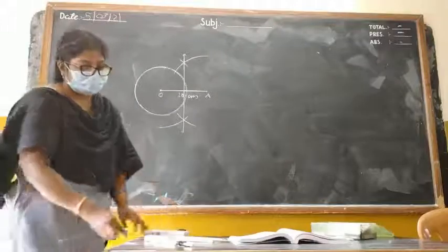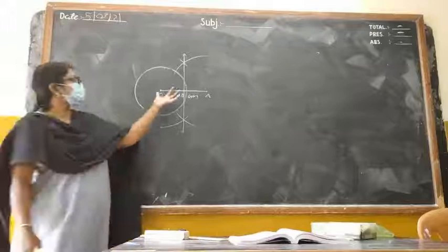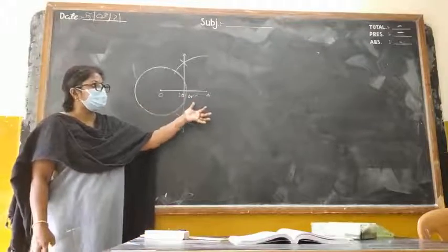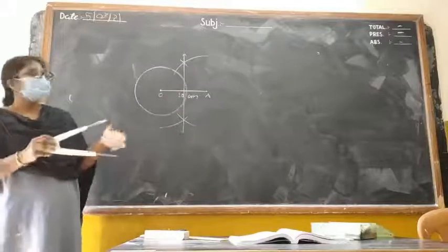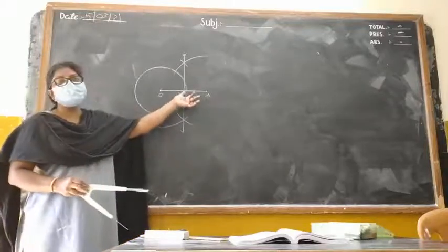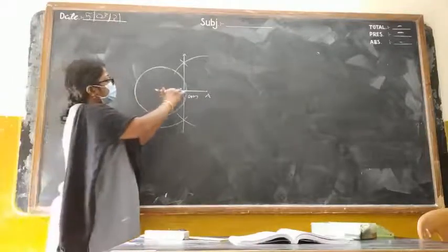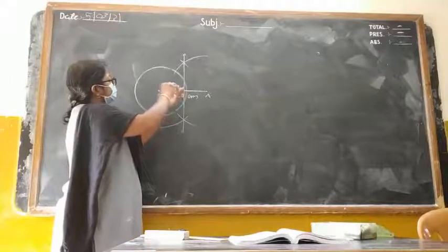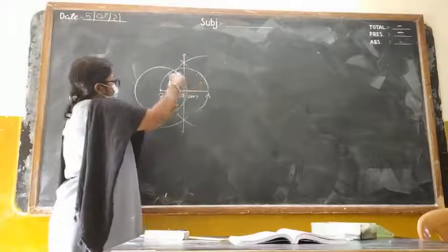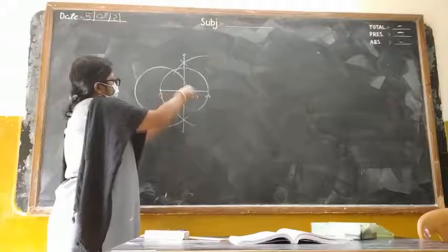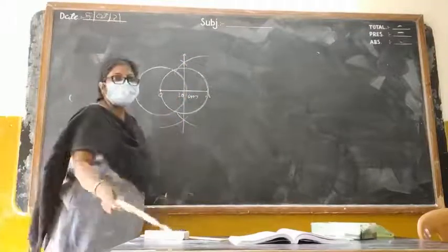Now, look at this one. This is the midpoint of OA. So OA, this point is the midpoint of OA. So take that one and draw the circle. Okay.